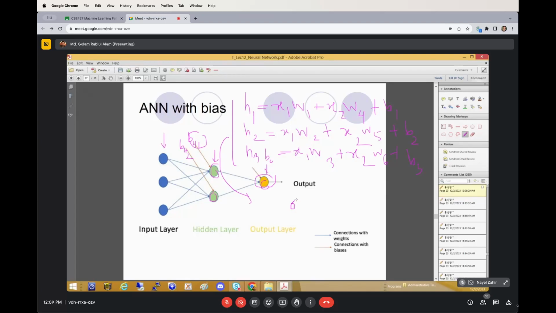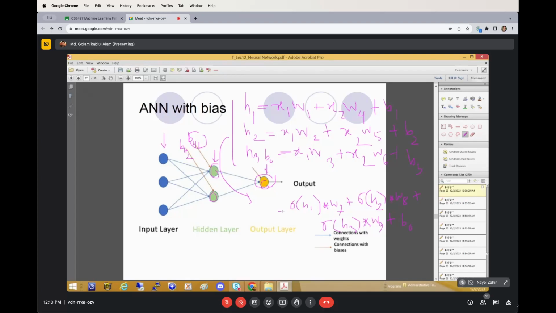So it will be sigmoid of h1 times w7, plus sigmoid of h2 times w8, plus sigmoid of h3 times w9, plus the bias of the output layer.